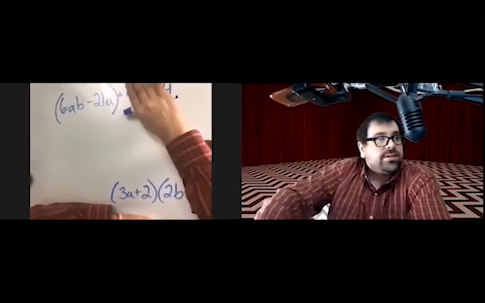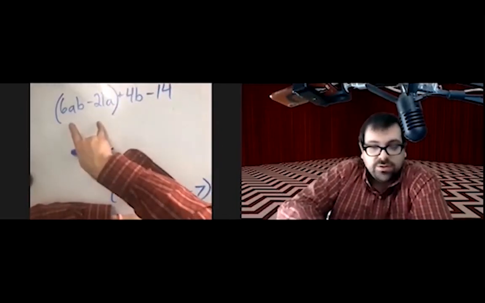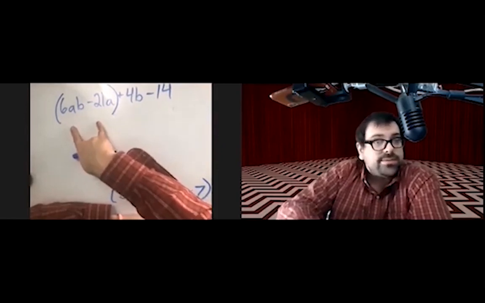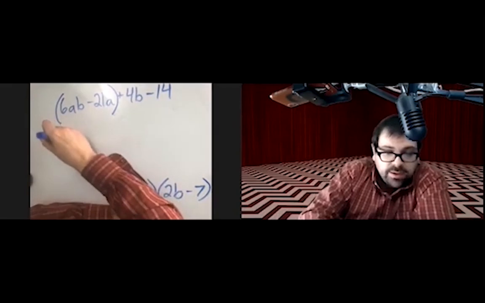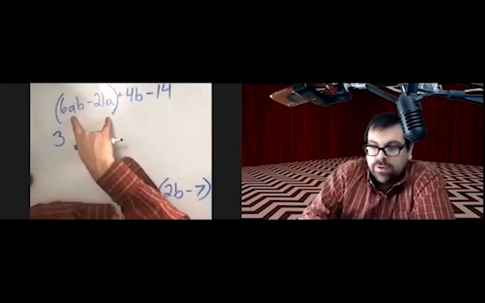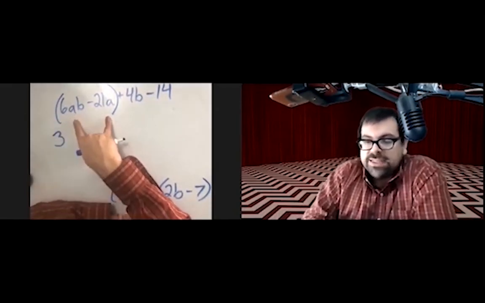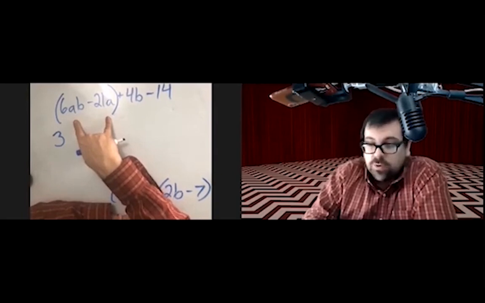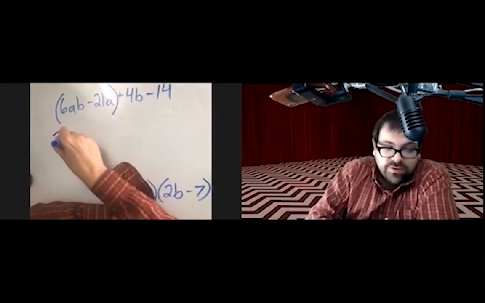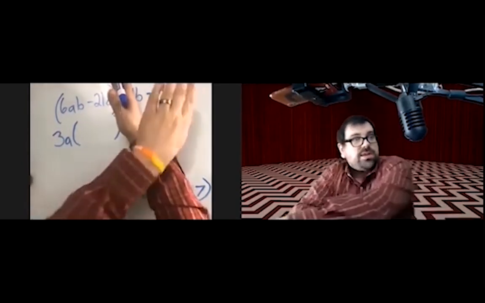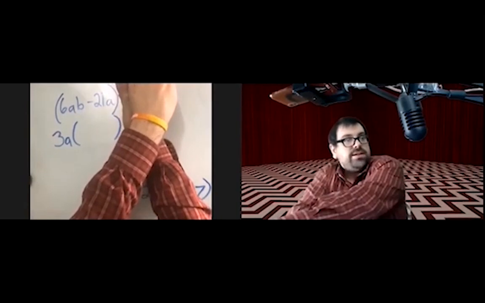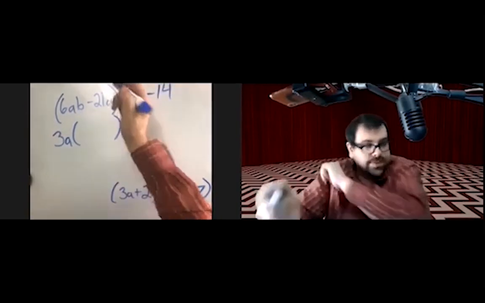Ignoring the rest, can we factor something out of this? Absolutely. 6 and 21 have a greatest common factor of 3. Both of these don't have B's, but they both have A's. The lowest power of A shown is a to the first. We're just factoring out of these first 2 terms. Again, we're ignoring the rest for now. They don't exist.